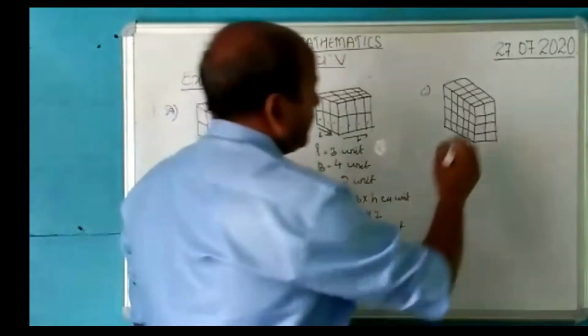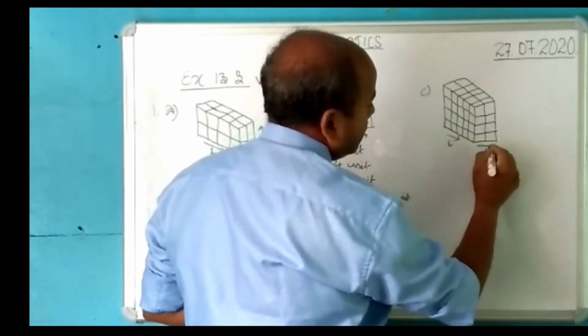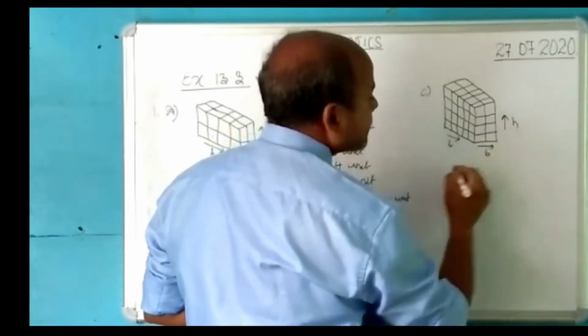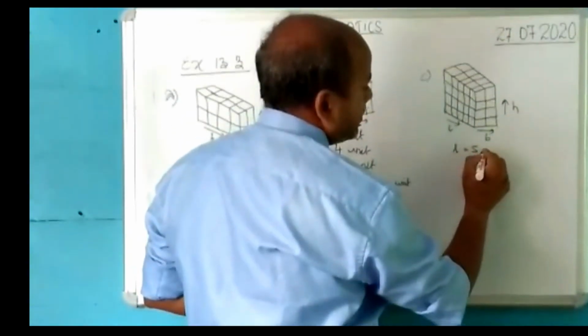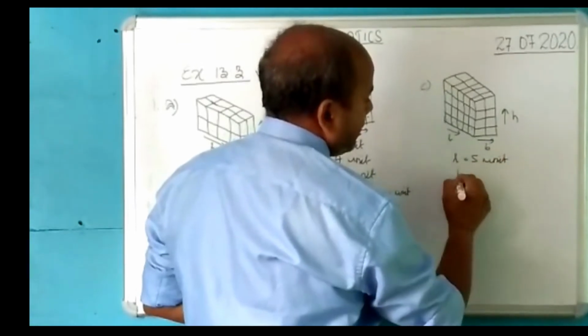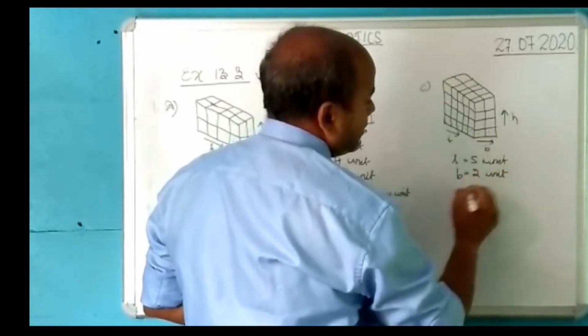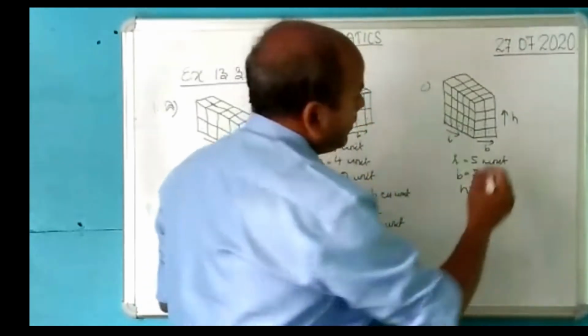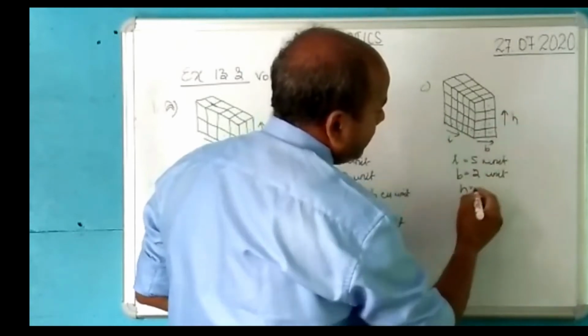Similarly, for this figure, this side length, then this is breadth, and this side is height. So length is 1, 2, 3, 4, 5 unit. Breadth is 1, 2, 2 unit, and height is 1, 2, 3, 4, right from here, 4 unit.